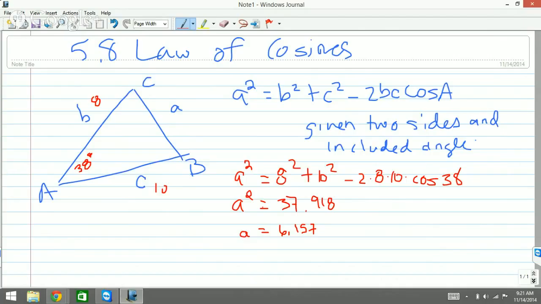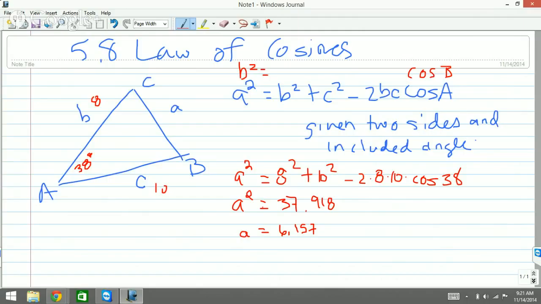If I wanted to calculate, let's say, B, I know that this has to be cosine B here. B and cosine B go together, and these are the other sides. So we have B here, we need A and C strung in here.